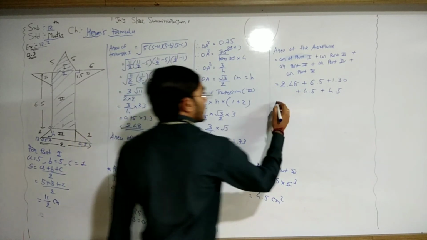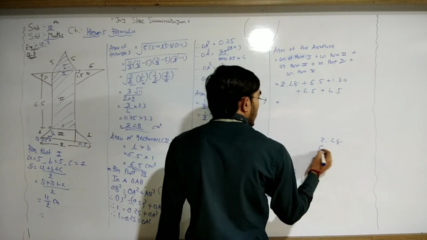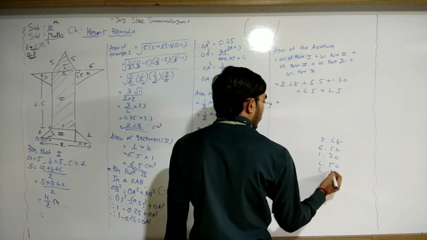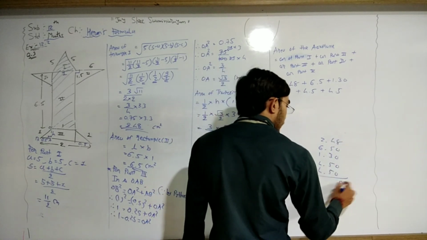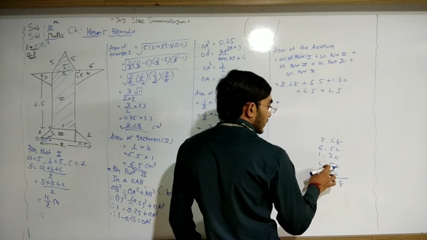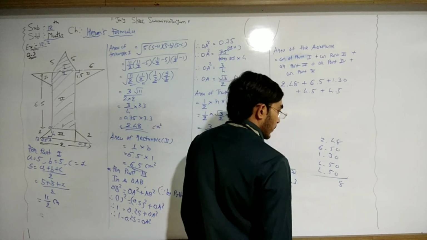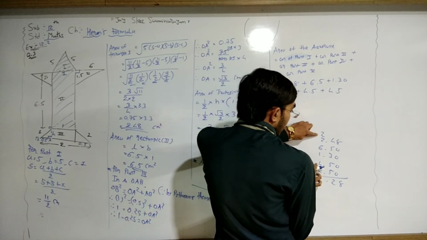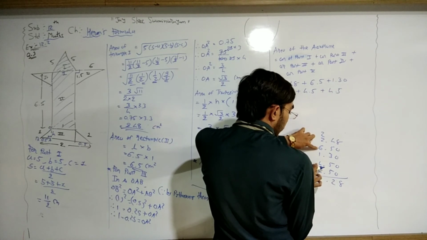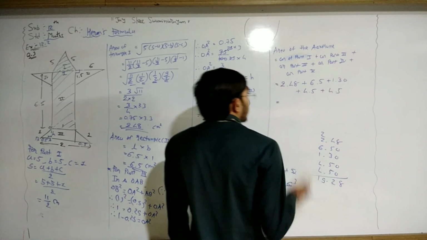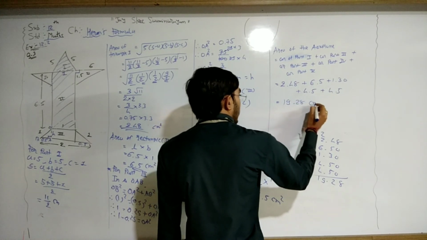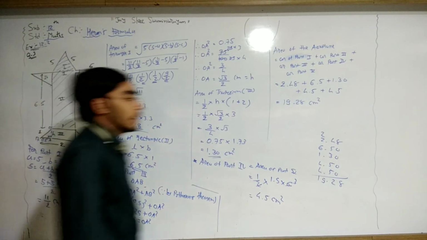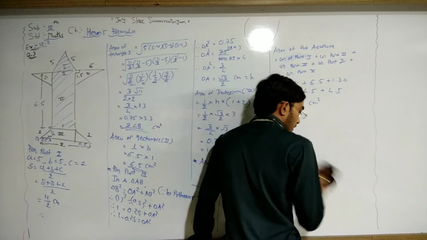Now finally the addition: 2.48, 6.5, 1.30, 4.5 and 4.5. So here 19.28 centimeter square. Okay, this is the final answer for the area of the aeroplane, otherwise the area of paper used.